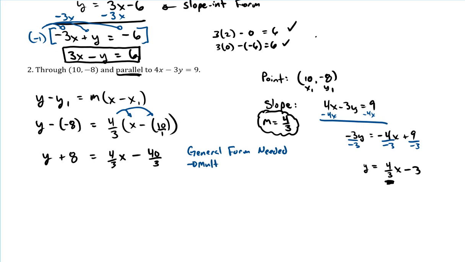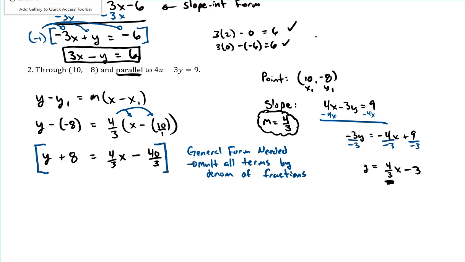We'll multiply all terms by the denominator of that fraction. So what we're going to do is multiply all of these by 3. So times everything by 3, and I'm going to show it to the 4 different values.